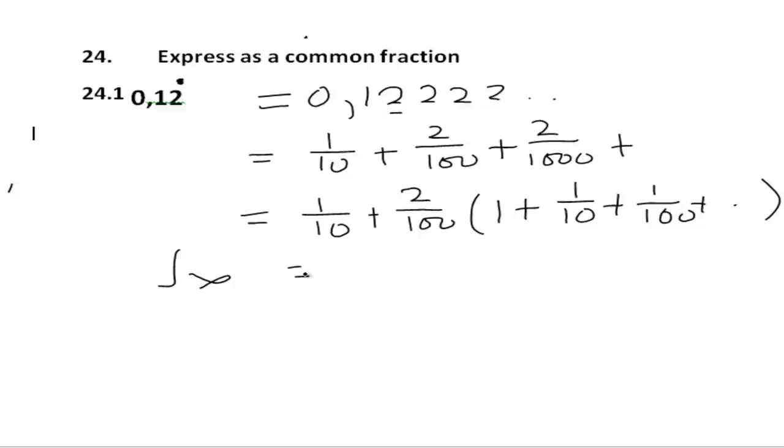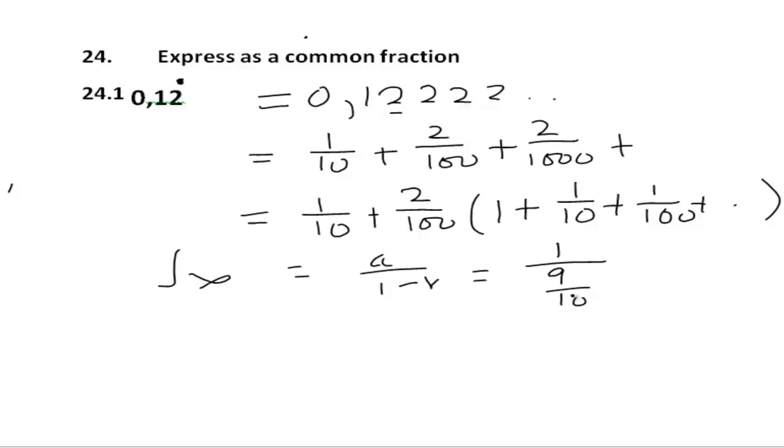The sum to infinity is a over 1 minus r, and since your first term a is 1, and your ratio r is 1/10, 1 minus 1/10 is 9/10, and that gives you 10 over 9.